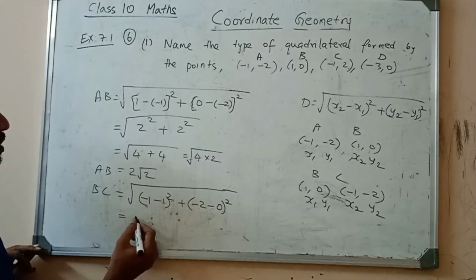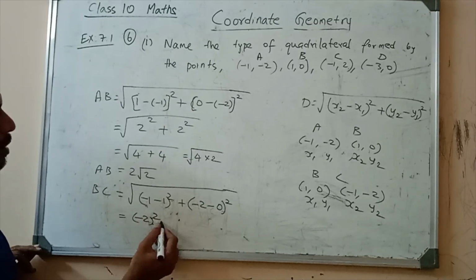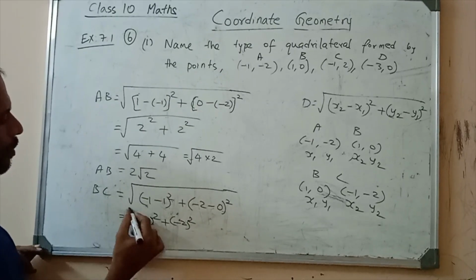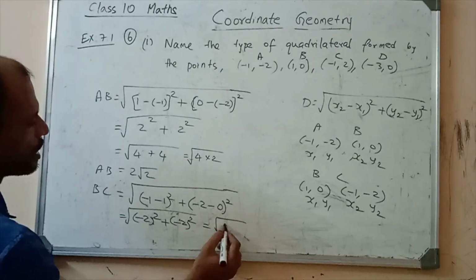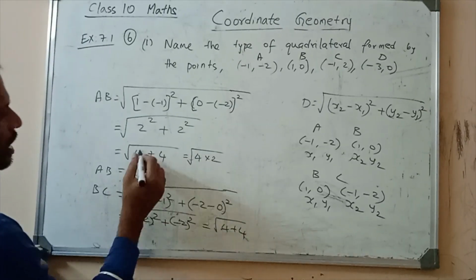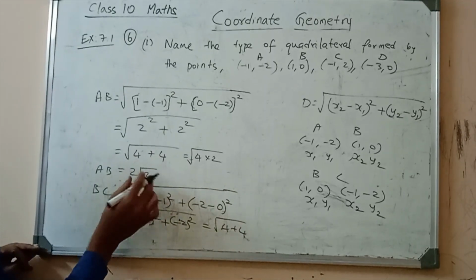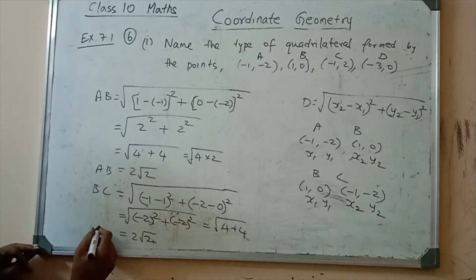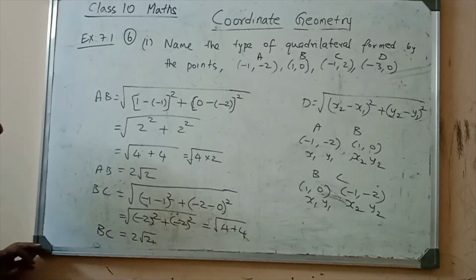So minus 2 square plus here also minus 2 square becomes 4 plus 4. So same thing again, root of 4 plus 4, already we derived equals 2 root 2. So BC also is 2 root 2.